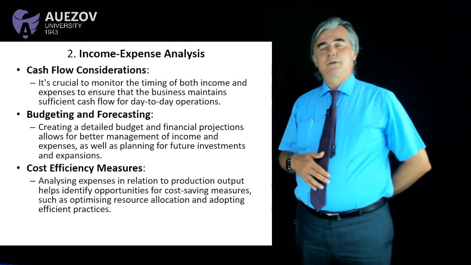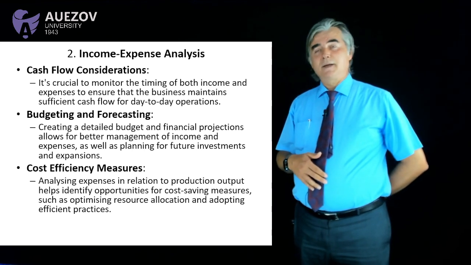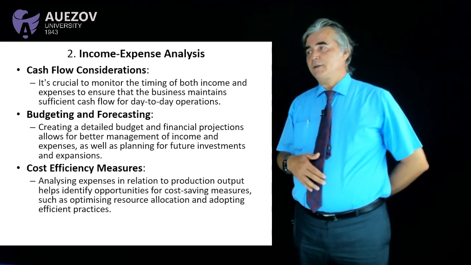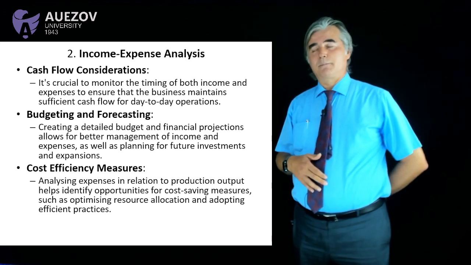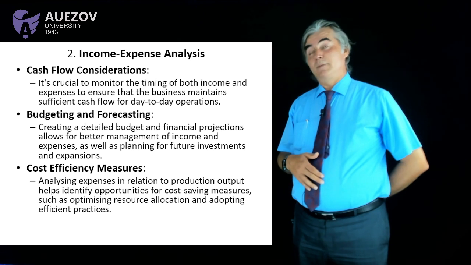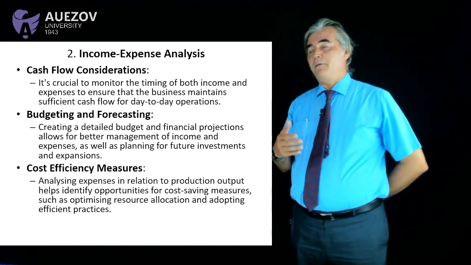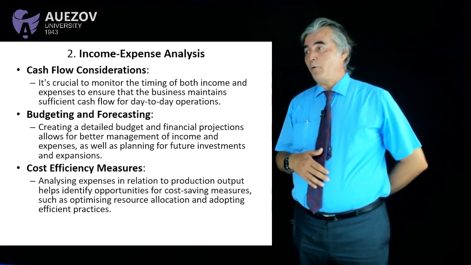Cost efficiency measures: analyzing expenses in relation to production output helps identify opportunities for cost-saving measures. So, optimizing resource allocation and adopting efficient practices is an important item in that measure.